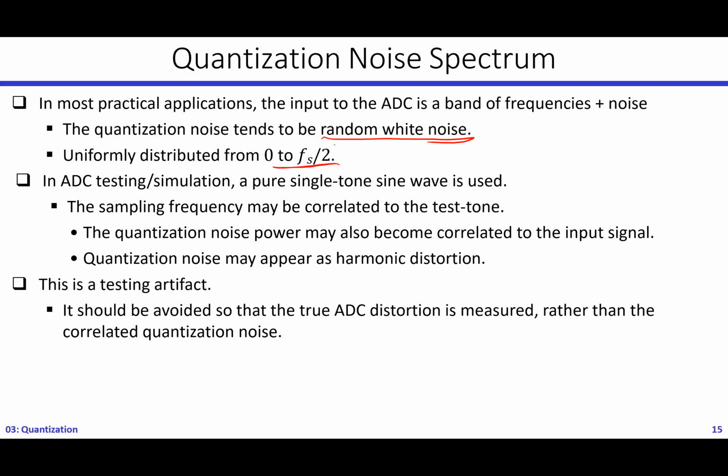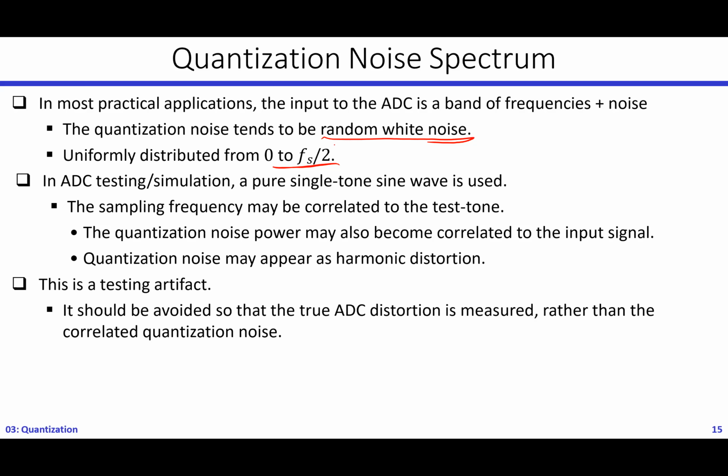You cannot see any paper describing an ADC without showing the power spectral density, or the FFT plot, the spectrum of the ADC output. That is a must, because it's the way you can judge the performance of the ADC. That's why it's important for us to study how to interpret the power spectral density of an ADC, and be able, just by looking, to see whether it is a good ADC or a bad one. That's what we are going to see through this course.